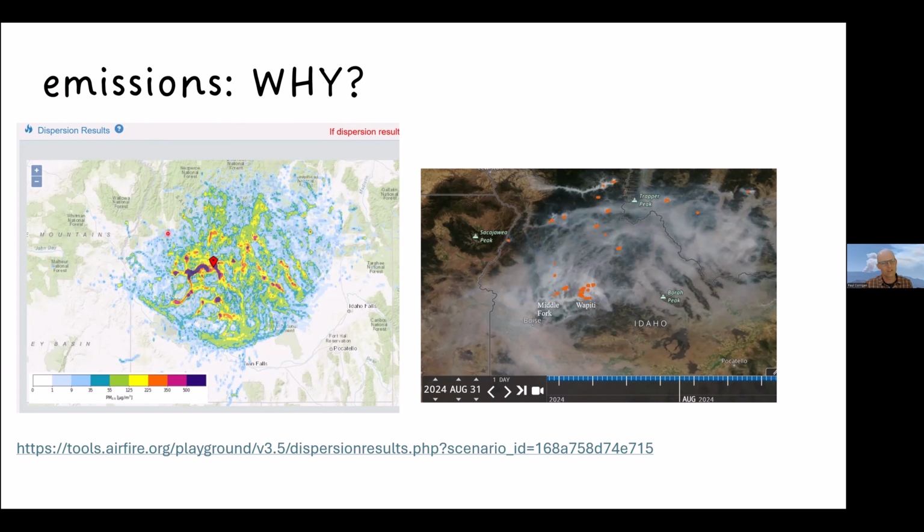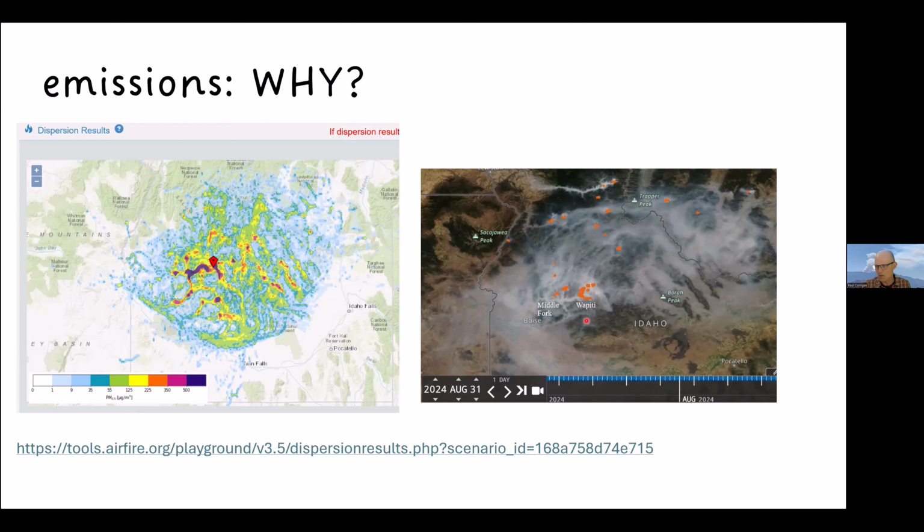You can see it does a pretty good job of suggesting that on this day, August 31st, you're probably going to see the thickest smoke to the east and south of the Wapiti fire. That's what this diamond here is looking at. And yeah, I was in the middle of that mess too, Andrew. And hey, they did a good job. You can see the thickest smoke is indeed in the drainages of the Boise River to the east and south of the Wapiti fire.